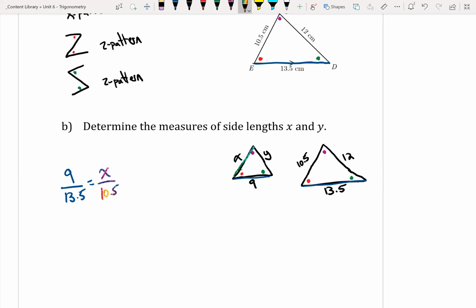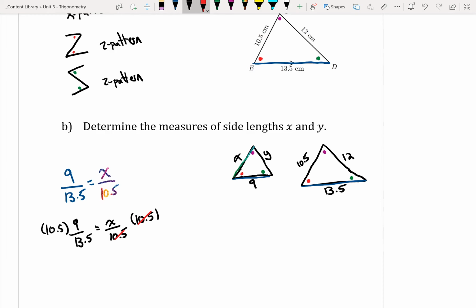And now we can go through and solve similar to how we did in our previous example. Again, if you put the larger triangle on top and you don't like solving when the missing piece is on the bottom, you can just flip the two. So I'm just going to rewrite this. If I want to get rid of the 10.5 because it's division, I'm going to multiply both sides by 10.5.